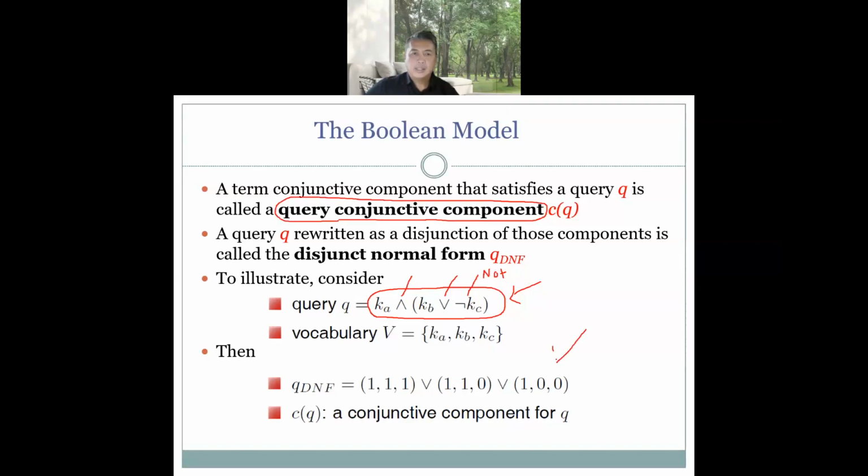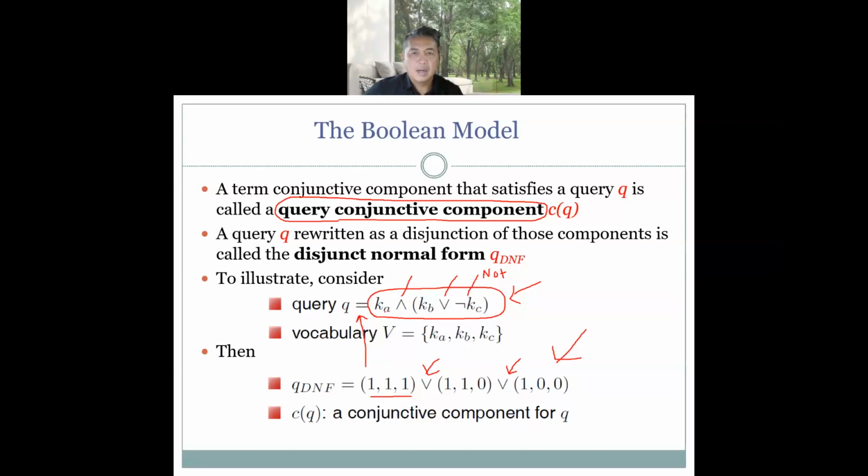And this is what we call the disjunctive normal form. Disjunctive normal form uses the OR here, but they express the values that will be true for your query. Meaning that a query Q can be rewritten as a disjunction of those components. If I plug in the value 111 inside this, I will still get my query to be true.